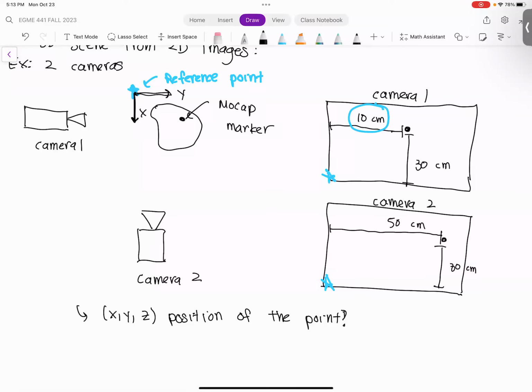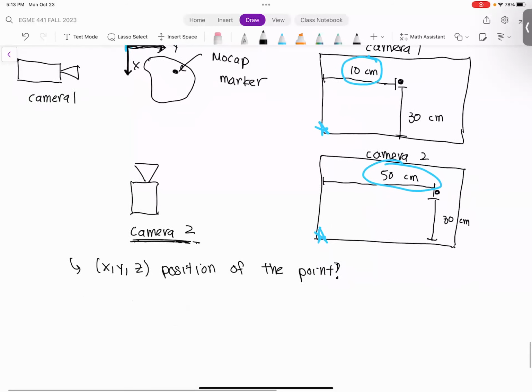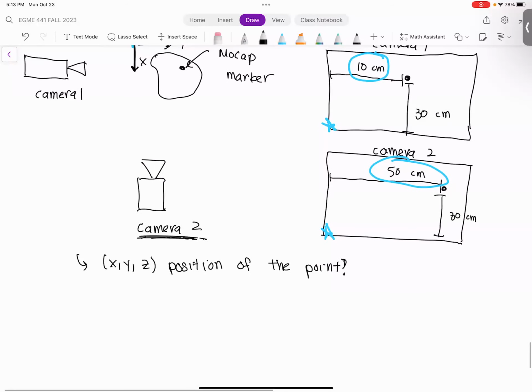Since the Y direction is going horizontally to the right, the camera that has the best view of that dimension is camera 2. This measurement right here, the 50 centimeters, is its Y position. And from both images, you can see that our point is 30 centimeters off the ground, so that would be our Z component. And so its X, Y, Z position is going to be 10 centimeters, 50 centimeters, and 30 centimeters.